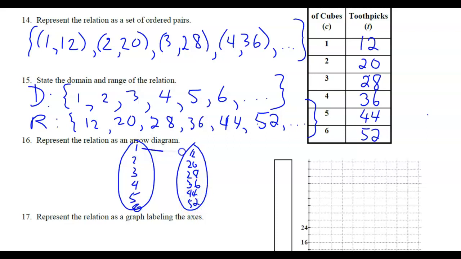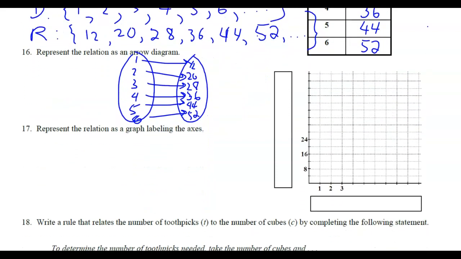Not bad. And then an arrow across to each one. Obviously that could continue forever, but with an arrow diagram, we'll keep it to that particular table of values.